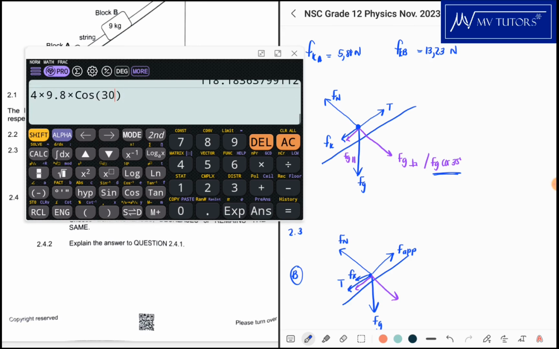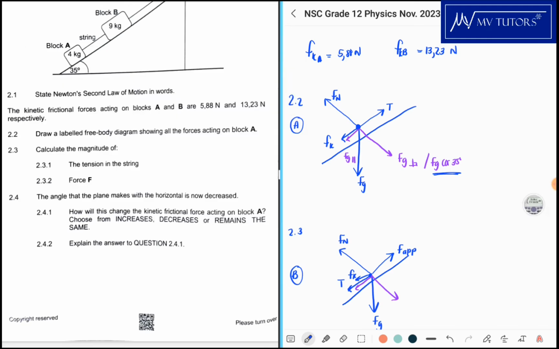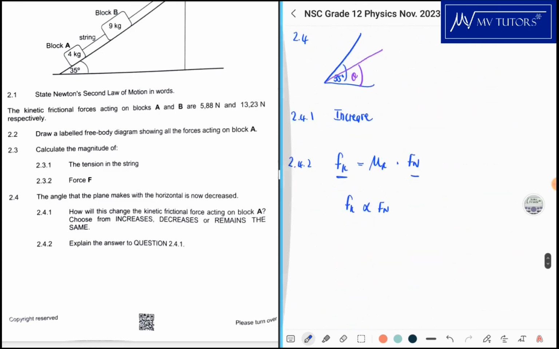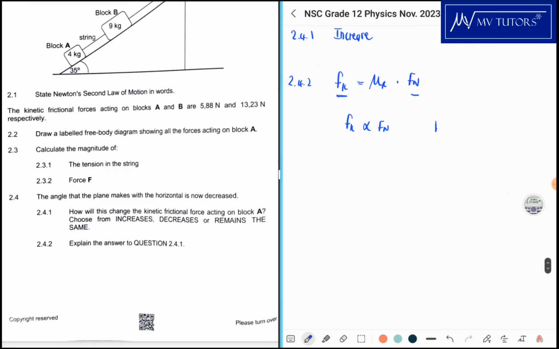Let's go again. Let's try 35 again. So we have 32. Let's go to 25. We have 35. Okay, so basically, if you're going to decrease theta, you're actually going to increase your normal force.